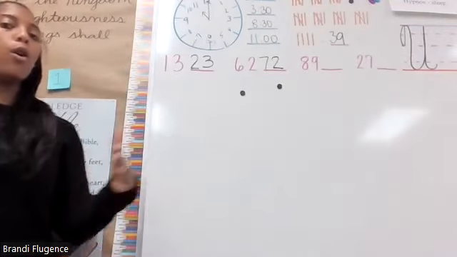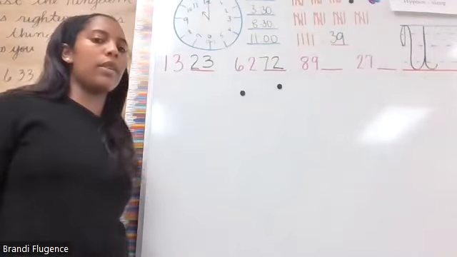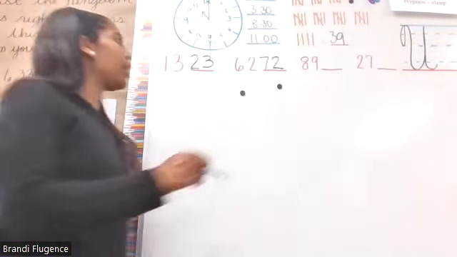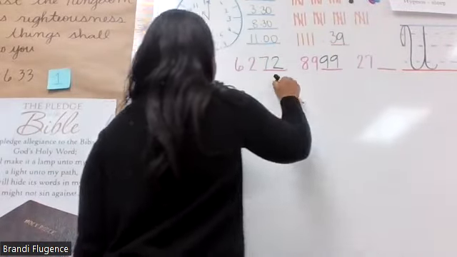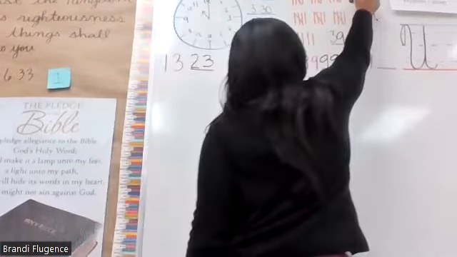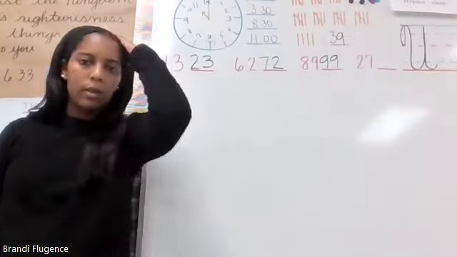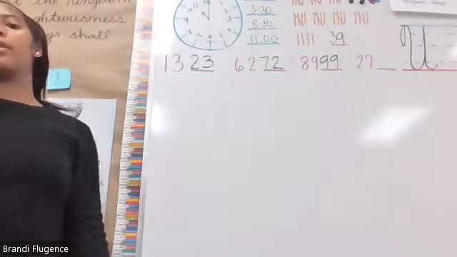89. What will be 10 more than 89? 10 more than 89. 99. Oh my gosh. That's a lot. 27. What would be 10 more than 27? 10 more than 27.